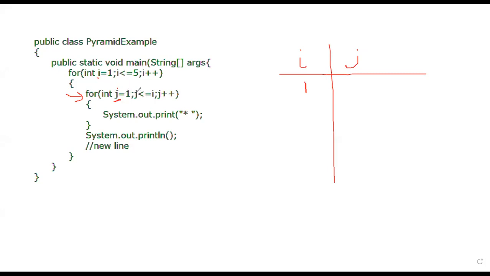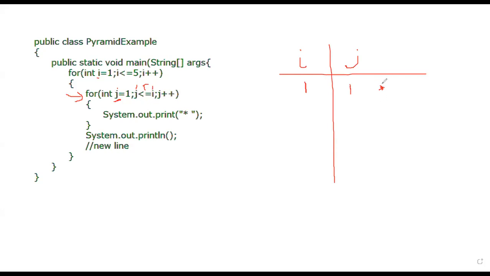Now J should be less than or equal to I. Is J less than or equal to I? J is 1, I is also 1. So J is equal to I, so this condition here is true. If it is true, it says it should print out what? An asterisk.